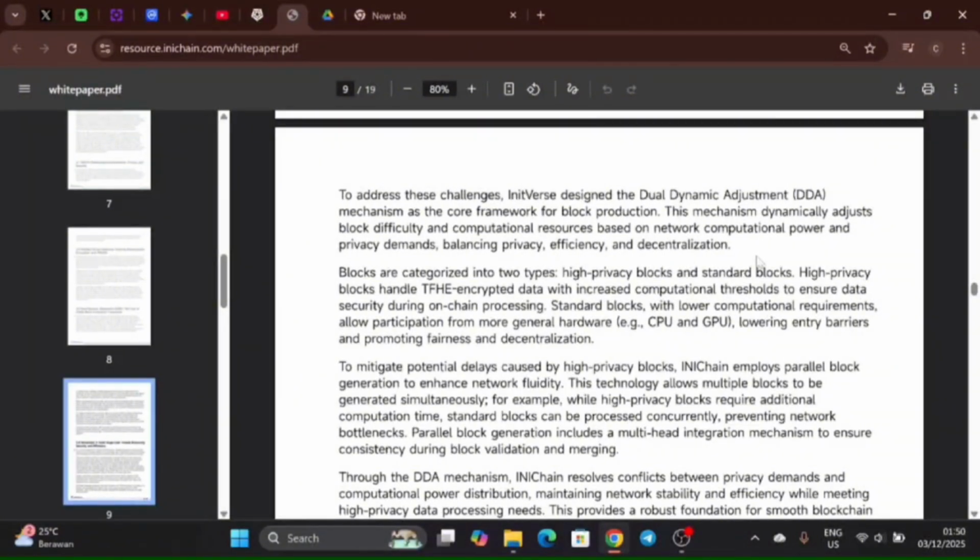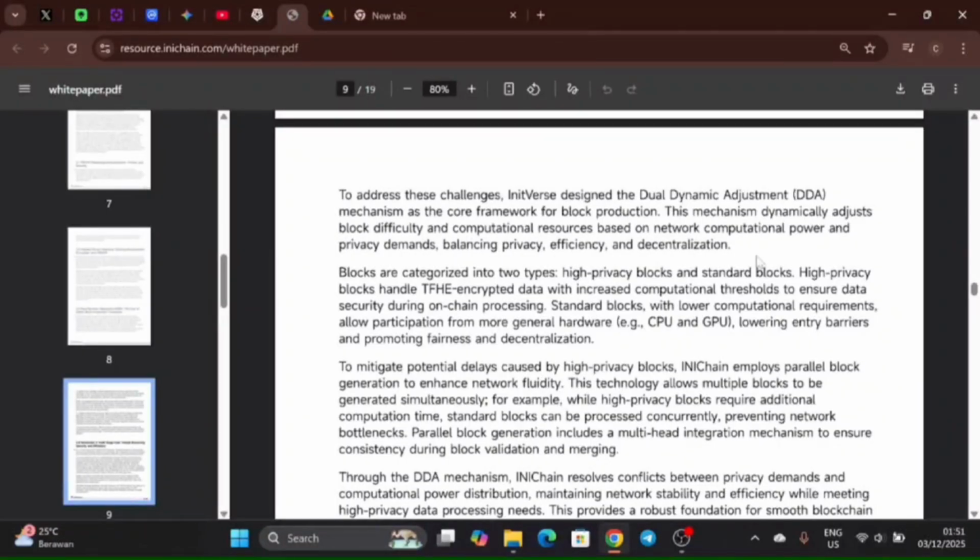For the problems and challenges they faced previously that we asked Gemini, there are a bunch of solutions. It's very interesting. The mechanism they are trying to provide uses DDA, dual dynamic adjustment, as the framework for blockchain production.